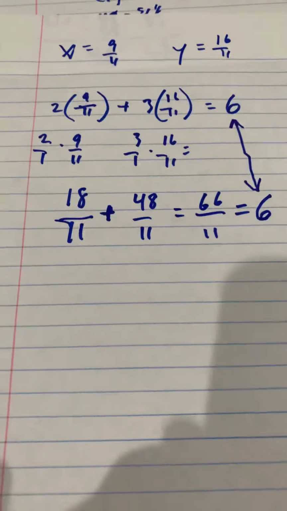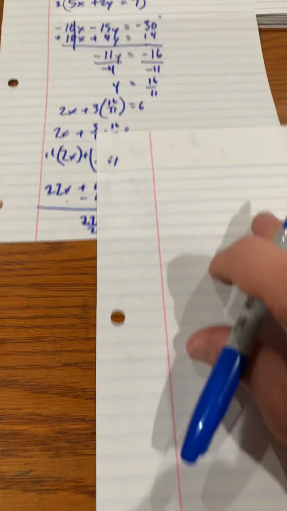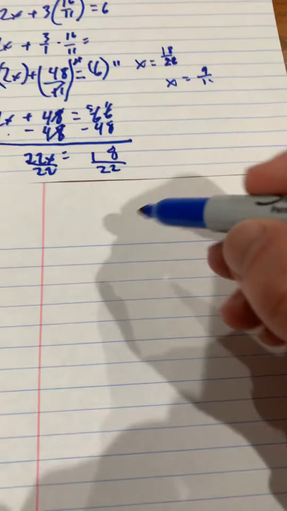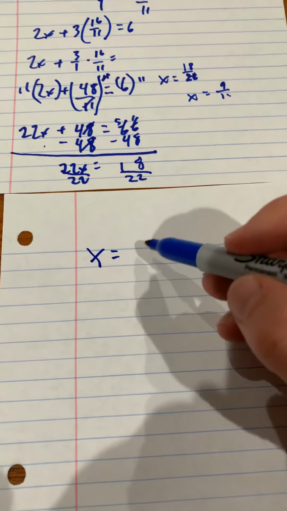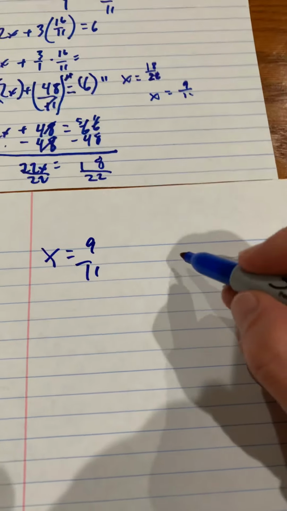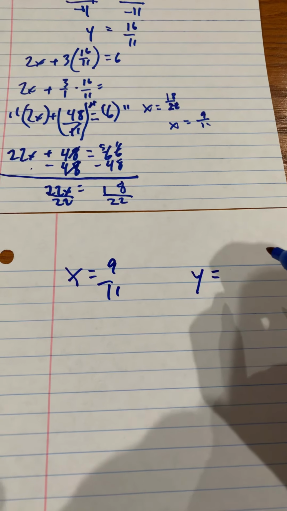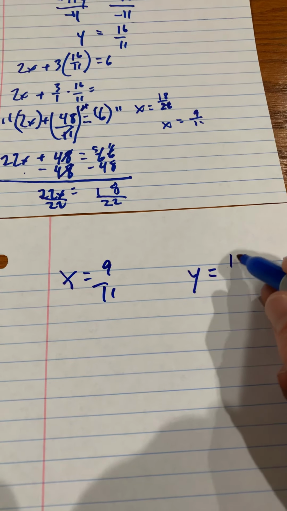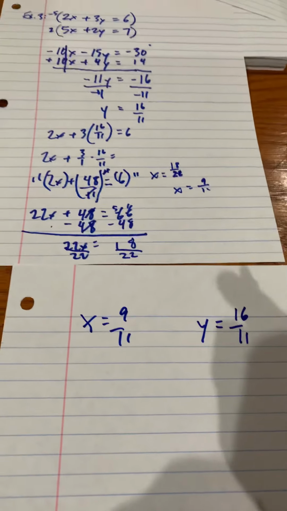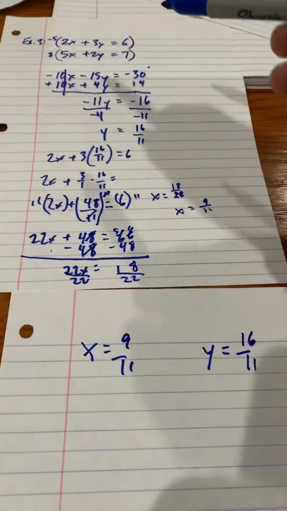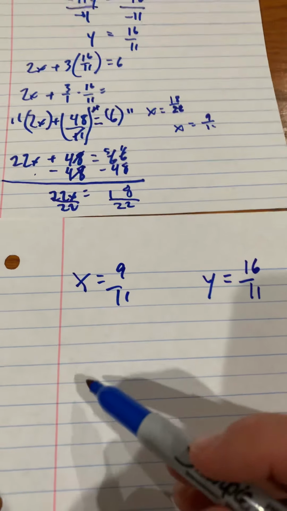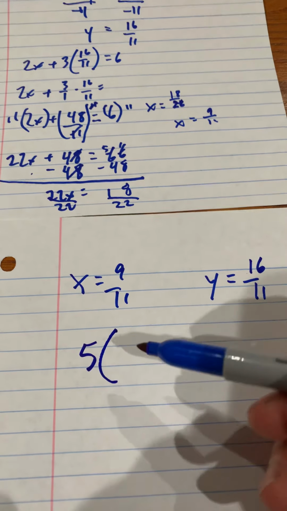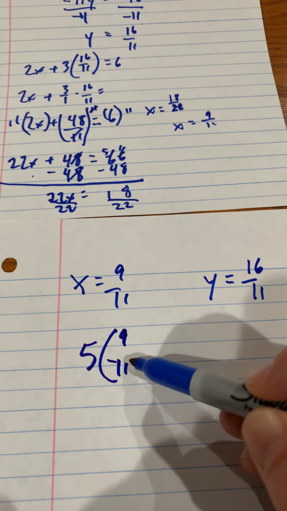Let me get another piece of paper. Again, our values that we came up with are x equals 9 over 11 and y equals 16 over 11. Let's plug these into the bottom equation, 5x plus 2y equals 7. So 5 times 9 over 11.